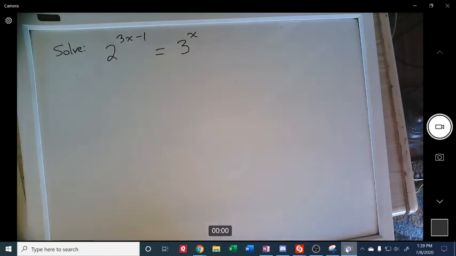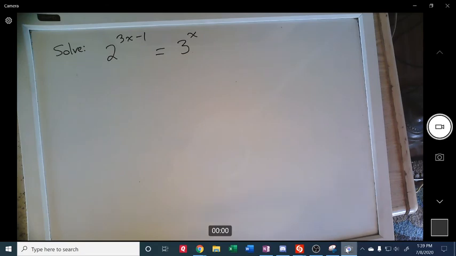This is a tough problem to solve because the x is in an unnatural place. It's way up in the exponent position. So what I want to do is bring it down from the unnatural position. If I can bring it down, I think I can solve for it.